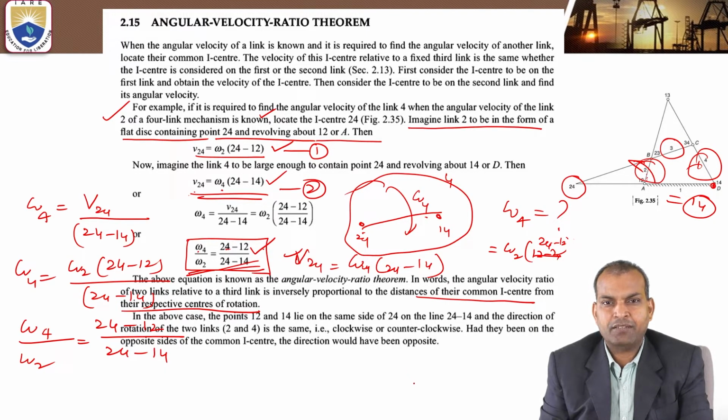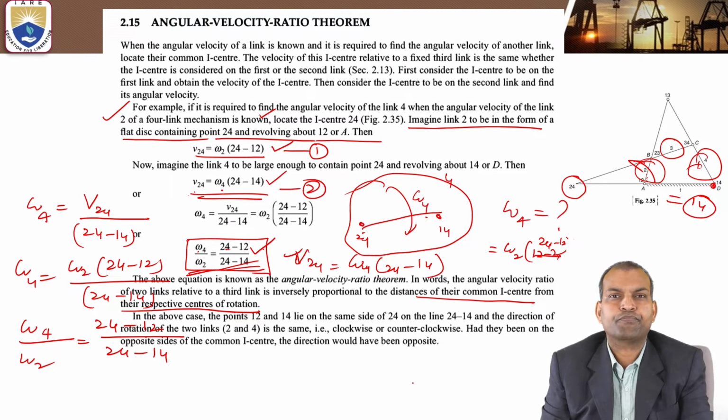Let me explain once again in a summarizing way. Very simple. If you want to find an unknown angular velocity, provided you know another link's angular velocity.